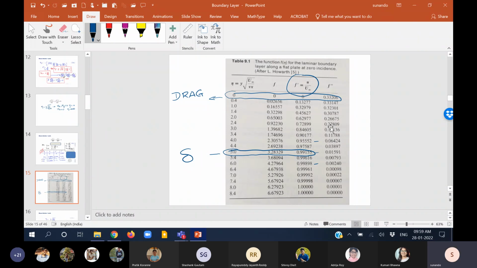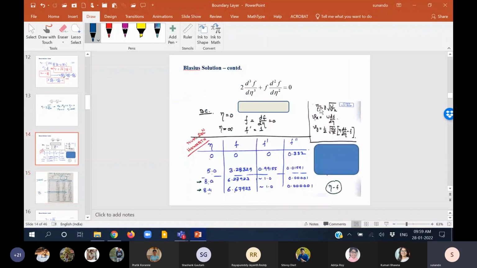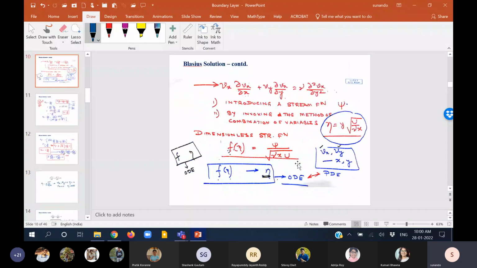What happens if the flow is curved? What happens especially if the flow is turbulent? Then this equation would obviously be not sufficient. There would be additional terms which will denote the turbulent transport of momentum. And even for the simplest case, you have to do a lot of mathematical jugglery, identify some dimensionless combination variable eta, with which when you evaluate each of these terms, the PDE gets transformed to an ODE.